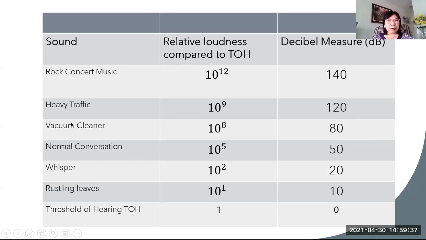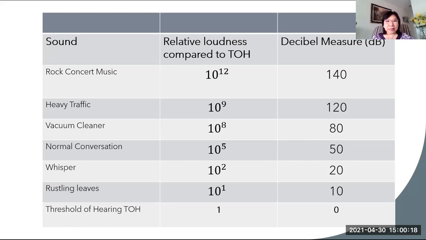If you hear the sound of a vacuum cleaner, it's about 10 to the power 8, and measured in decibel it is 80. Our normal conversation loudness is about 10 to the power 5, which converts to 50 decibel. If you whisper in someone's ear and you don't want the next person to hear, then you can reduce the loudness to 10 to the power 2, which represents 20 decibel.